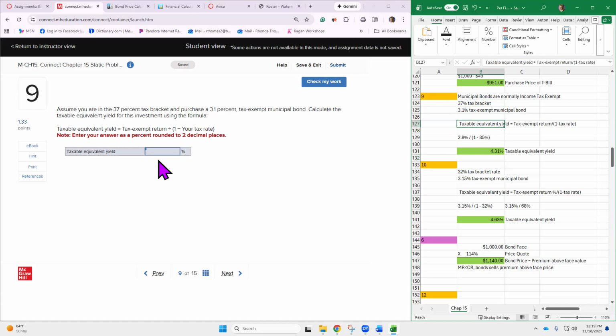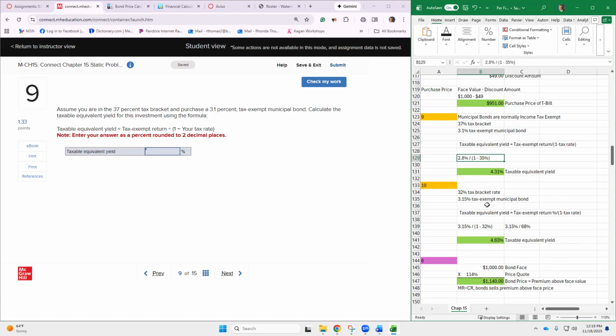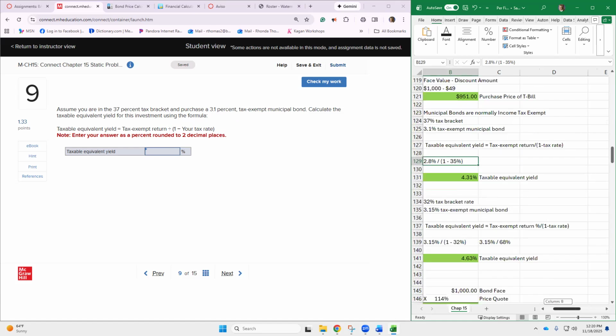What you do is you take your tax exempt return. The tax exempt return is your percentage that is on the bond. You then divide by 1 minus your tax rate. Let me see if I can show you a problem here of how this would work.